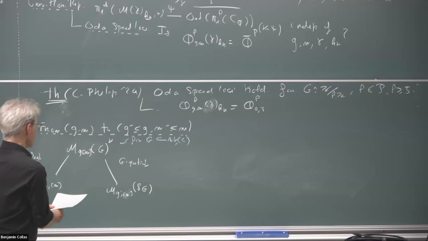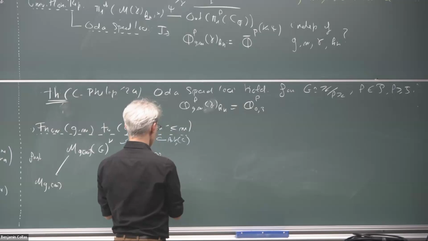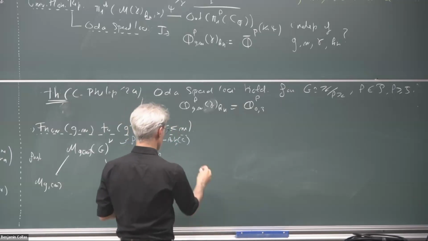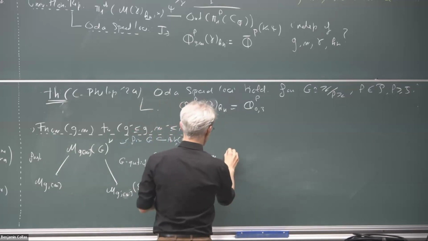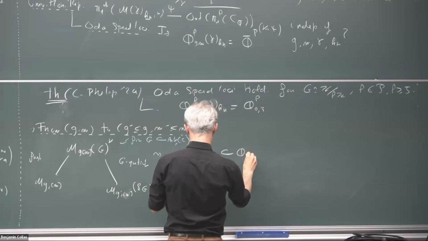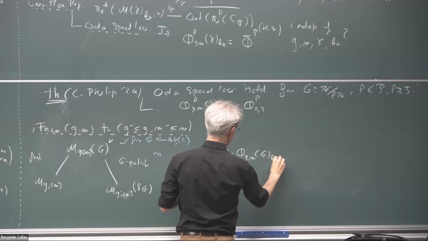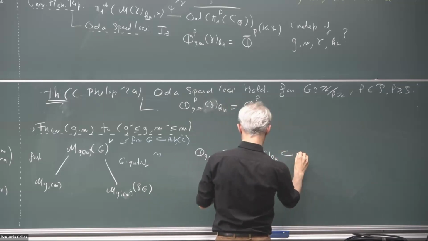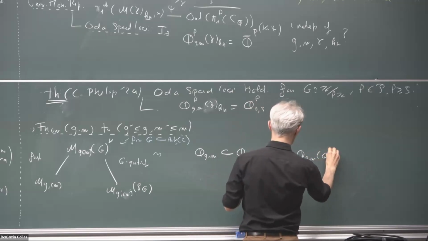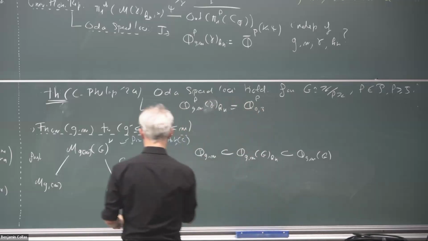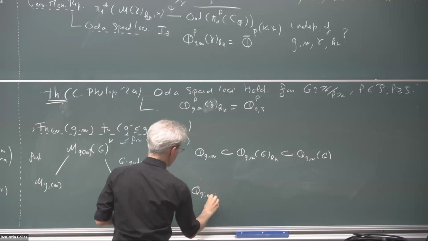What does it give for our problem? It gives the following. We have first QGM, which has then an extension to QGM of QGKR. Then you can show that this thing is a subfield of QGM of G. Now we have the quotient, so we also have QG prime M prime.